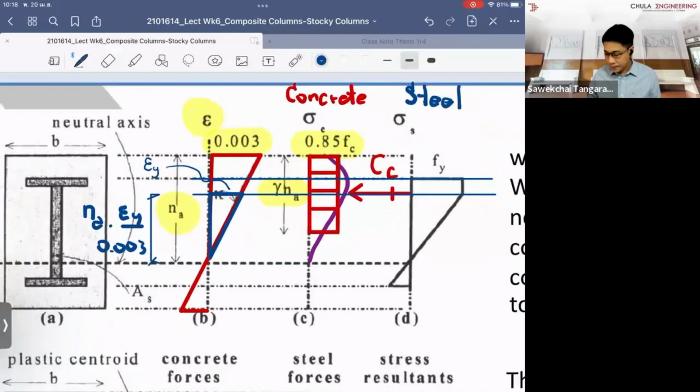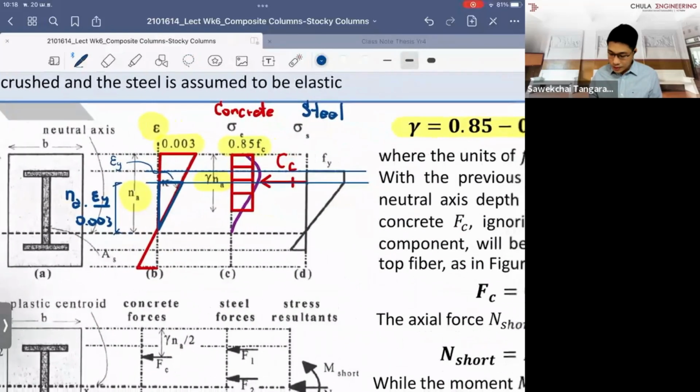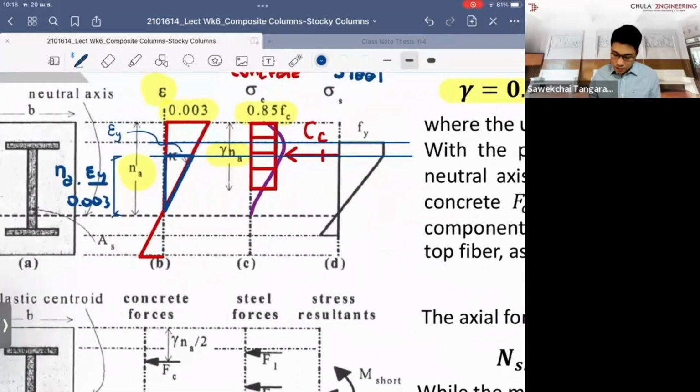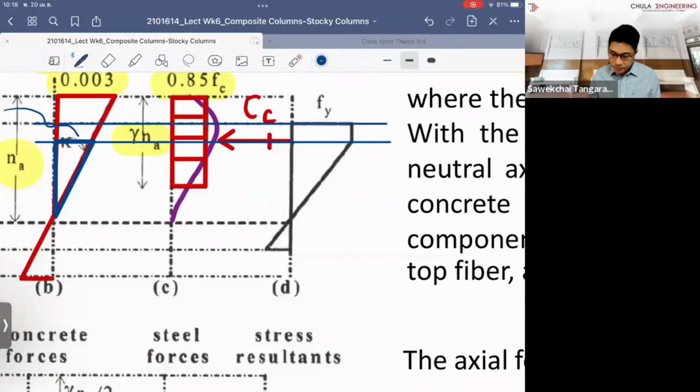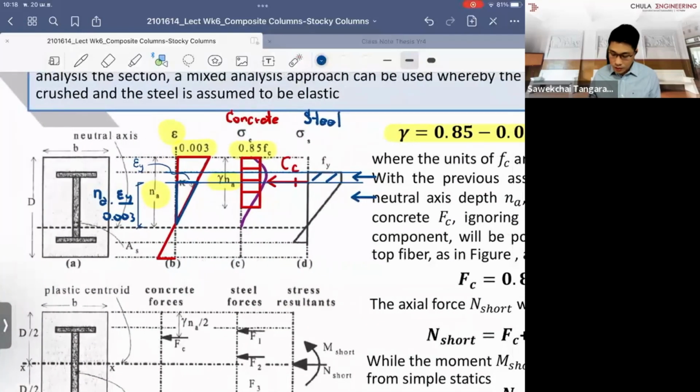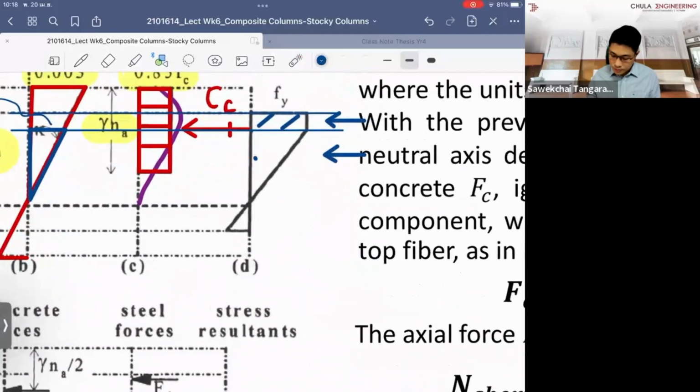So what we do in this case, you're looking at the steel. In the compression part in this diagram, we have the compression force which is coming from the rectangular part, and also another compression force based on the triangle part here.